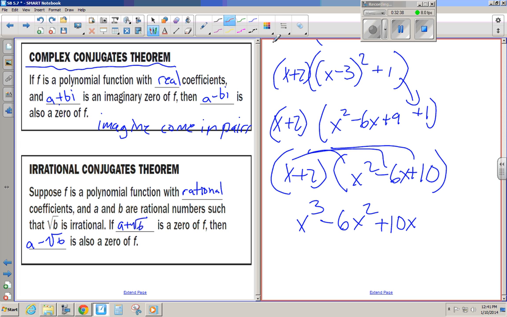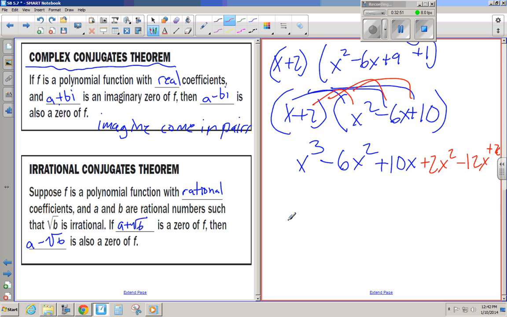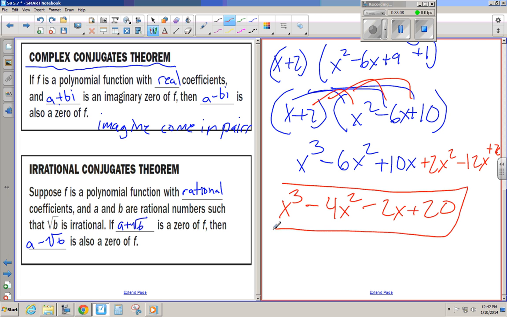And then we do the next part, the 2, and we get 2x squared minus 12x plus 20. And when I combine like terms, you now have an equation that looks like this.